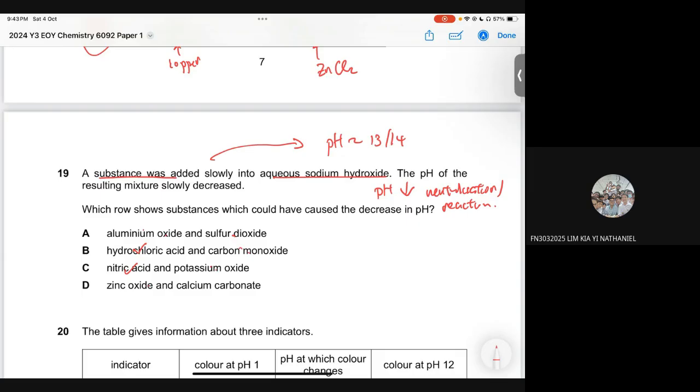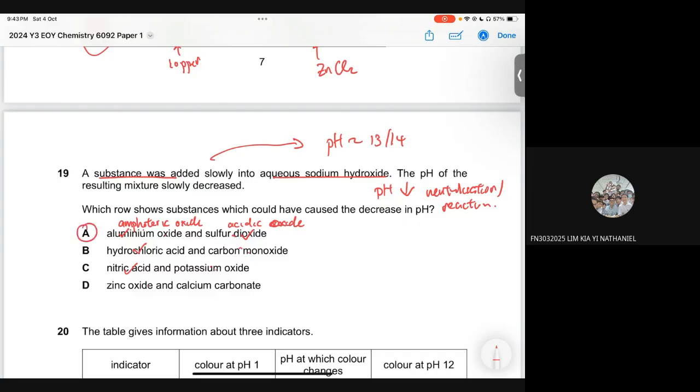Aluminum oxide I know is an amphoteric oxide, so it will react with alkali. So actually this one can. Sulfur dioxide is an acidic oxide, so it can also react with my sodium hydroxide to neutralize it and make the pH drop. So therefore A is the answer.